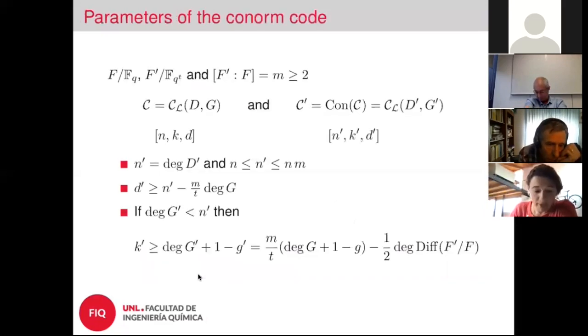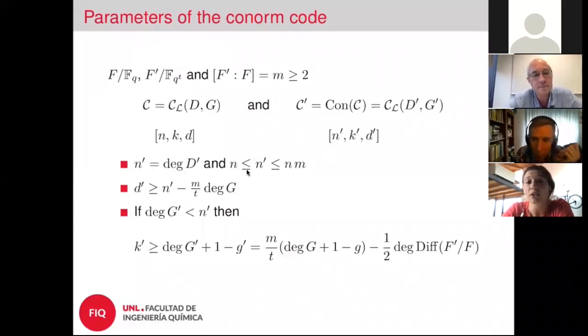So what about the parameters of these new codes? If we consider that C is the original code with parameters n, k, and d, and now we have our new code C prime with parameters n prime, k prime, and d prime, then of course the length of this new code is going to be between n and n times m. m here is the degree of the extension.